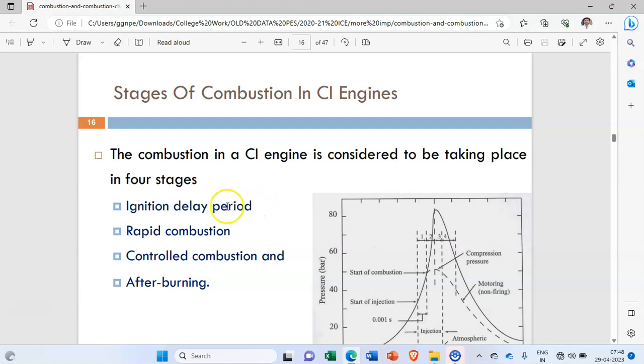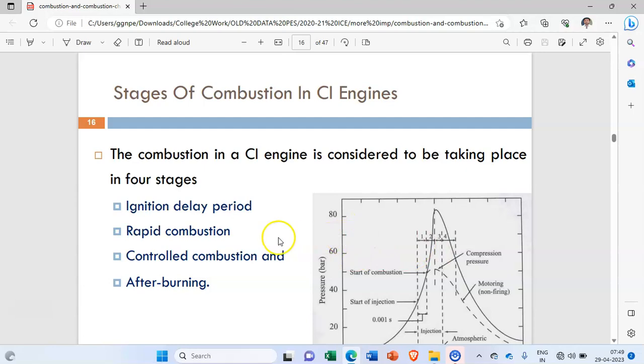Before starting, let us discuss the stages of combustion in the CI engine first. We have to remember that we must consider two types of processes while discussing the stages of combustion in a CI engine.